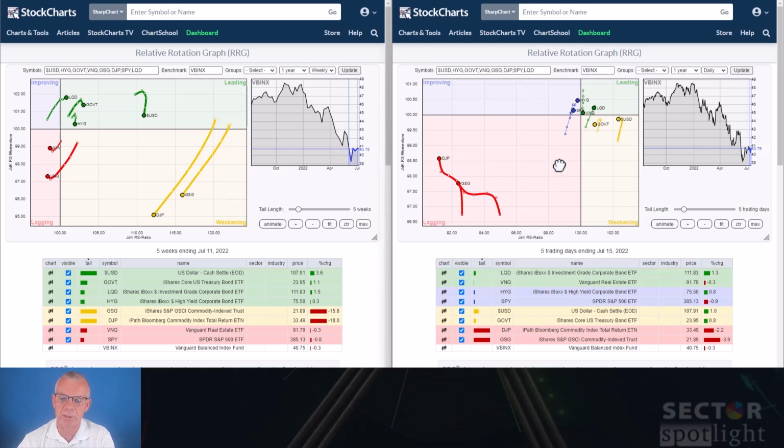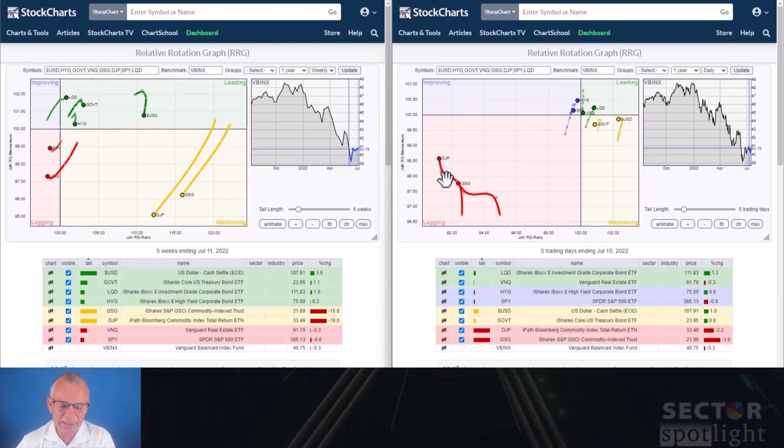quite logical, you see those tails inside the lagging quadrant because they are the more focused, more granular rotation of what's going on here compared to those weekly tails. And you see that they have already started to pick up some relative momentum.